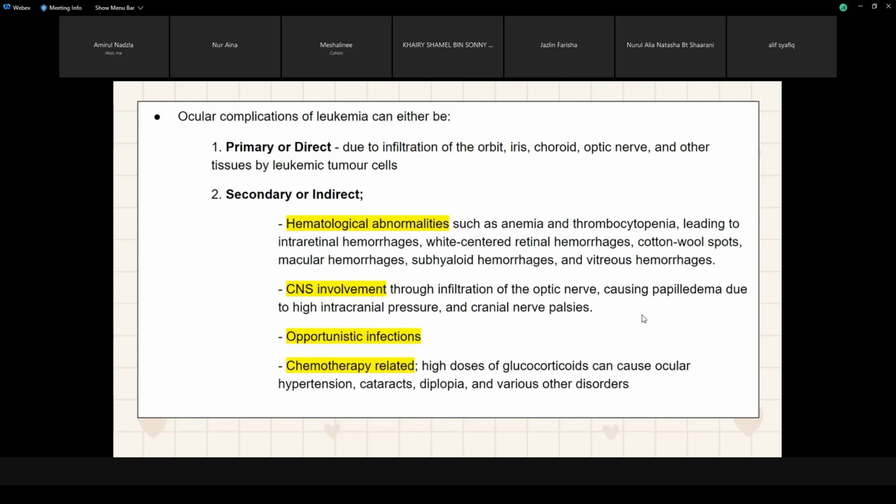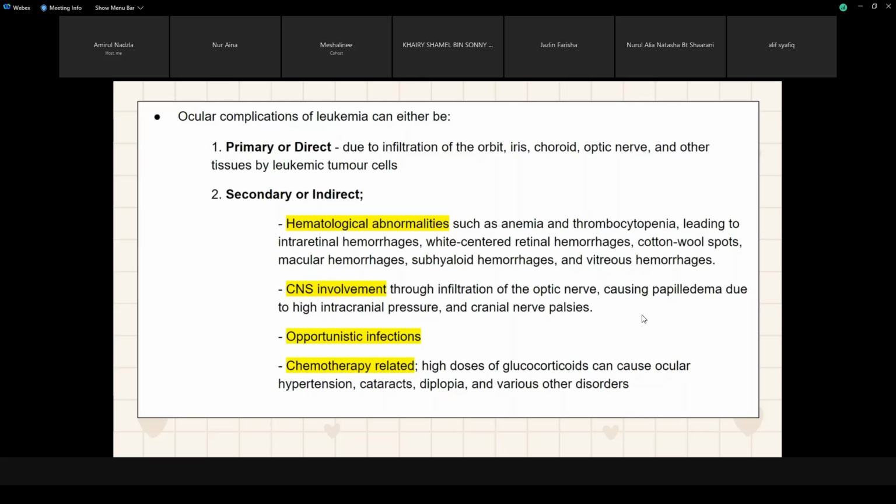Ocular complication of leukemia can be either direct or indirect. Direct occurs due to infiltration of the orbit, iris, choroid, optic nerve, and other tissues by leukemic tumor cells. Indirect can be caused by hematological abnormalities such as anemia and thrombocytopenia that can lead to intraretinal hemorrhages, white center retinal hemorrhages, cotton wool spots, macular hemorrhages, hyaloid hemorrhages, and vitreous hemorrhages.